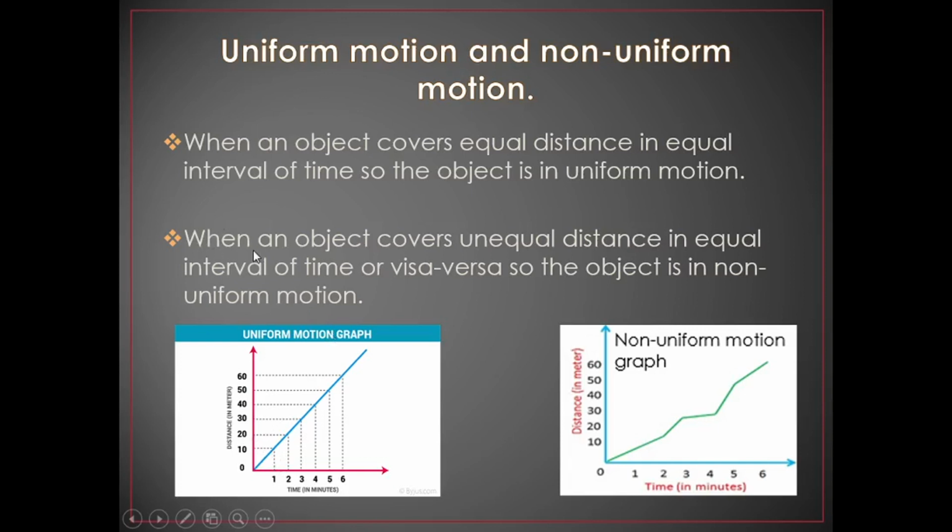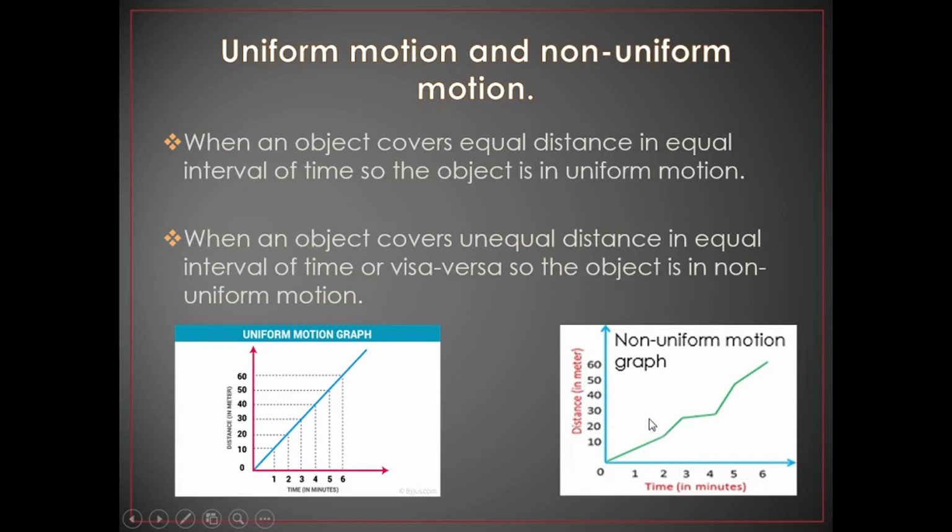And the other one is when an object covers unequal distance in equal interval of time or vice versa, so the object is in non-uniform motion. See here, it covers 10 meters in 1 second, so equal distance in equal time. The second part is it's not covering 20 meters in 2 seconds, it's covering more than 20 meters in 2 seconds.